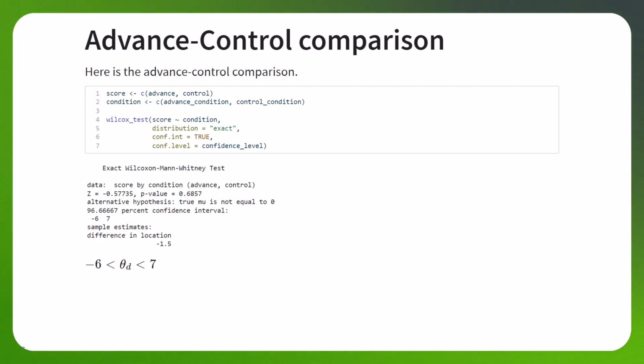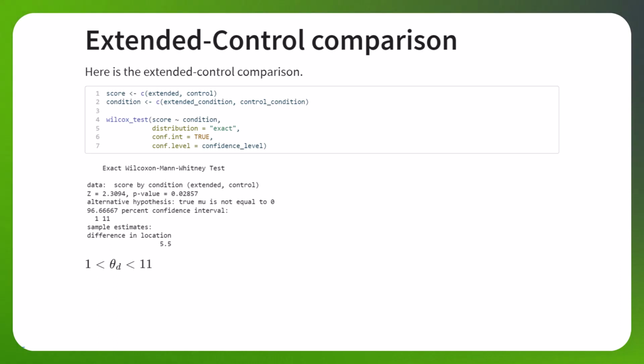That minus 1.5, because of the way I'm doing the subtraction here, indicates that the advanced metaphor condition did better than the control condition in the sample by a median difference of 1.5. So don't jump right to inference without paying attention to what happens in the sample, because that is our single best guess of the population parameter.